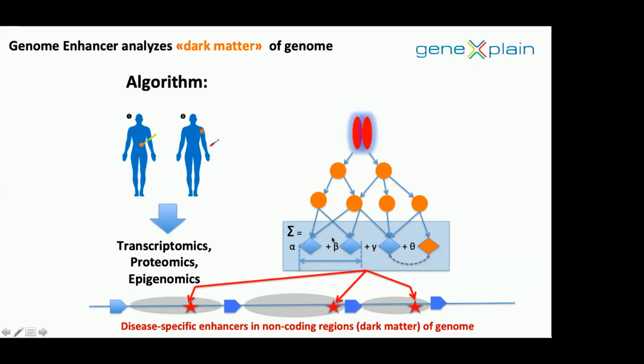Then the next step the algorithm is doing is asking whether there is a certain master regulator in the signal transduction which activates those transcription factors altogether. That's done using the signal transduction network and algorithms of searching for the shortest paths in this network.